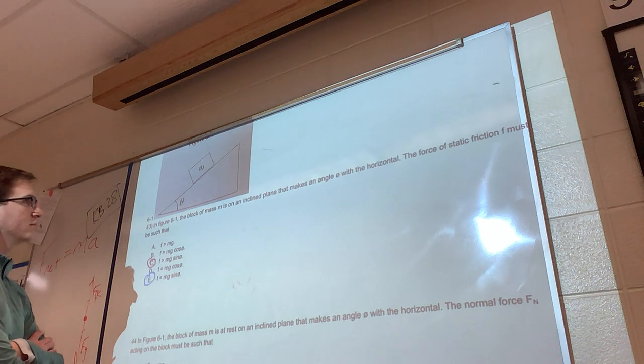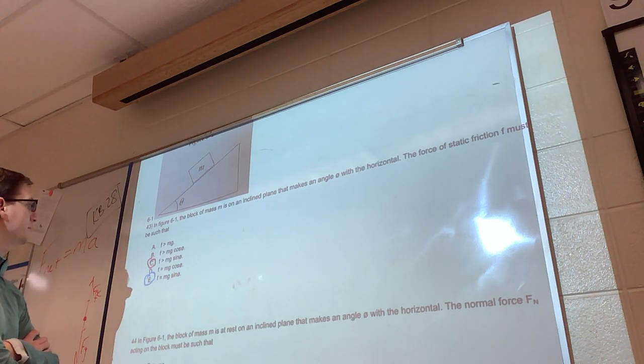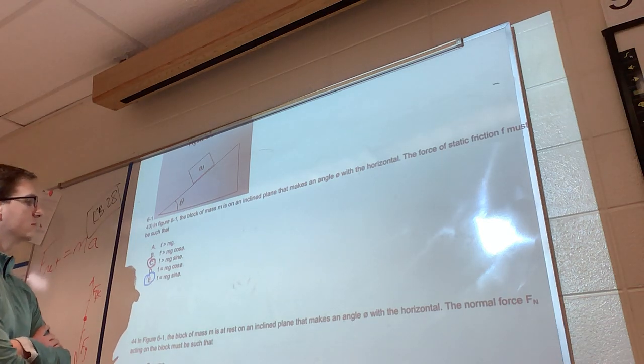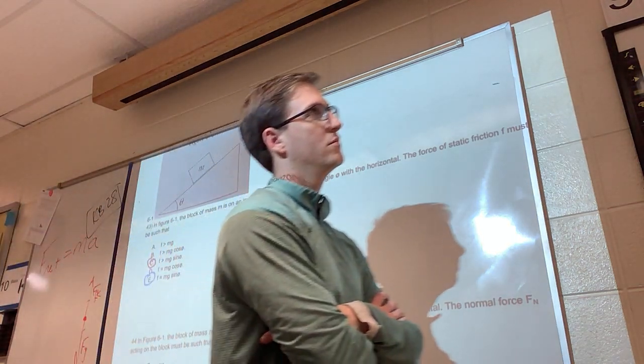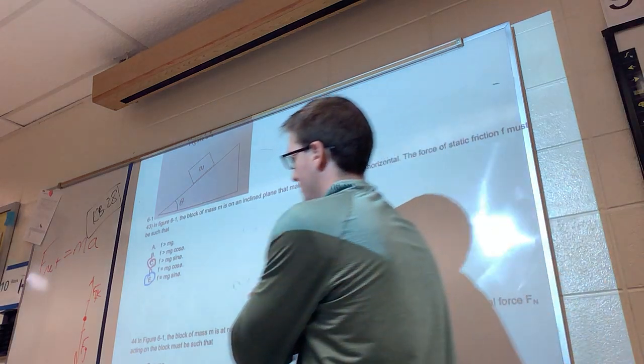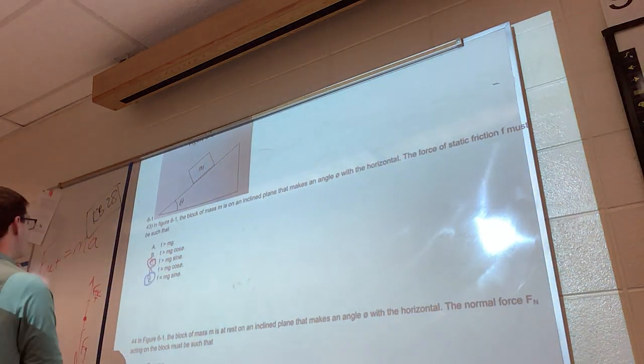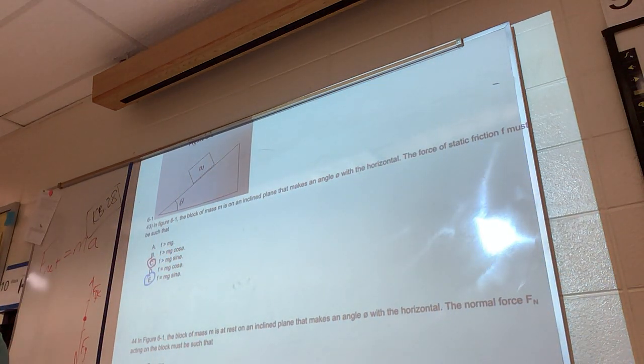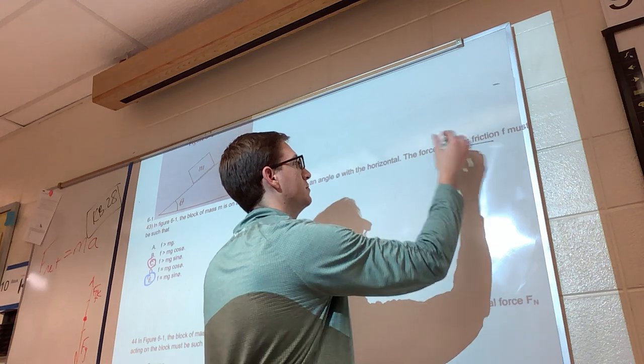A block of mass is on an inclined plane that makes angle theta with the horizontal. The force of static friction must be such that... I didn't understand what this question was asking. So the simple fact that it says static friction means that it's not moving.